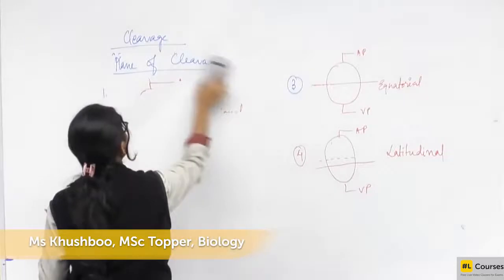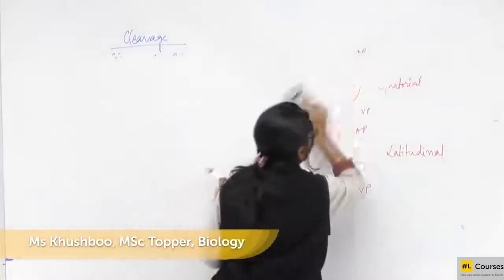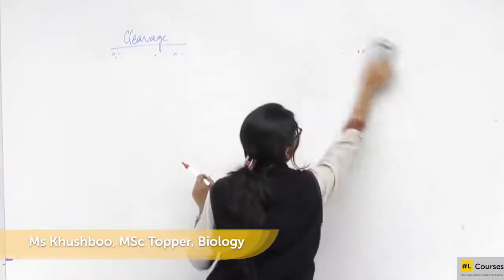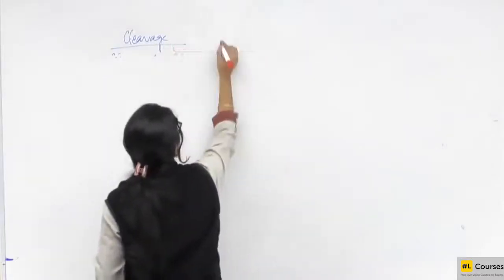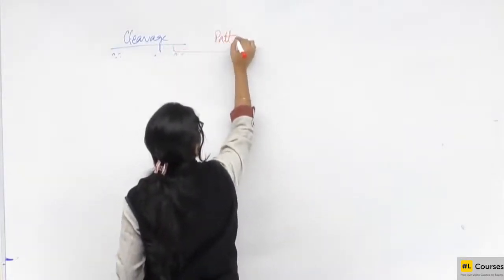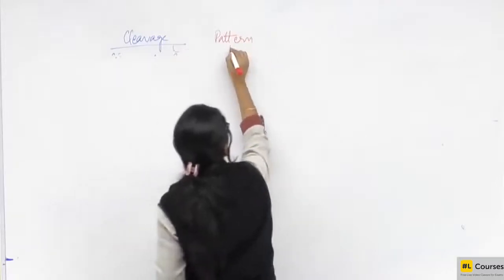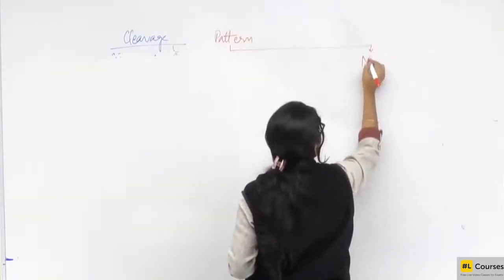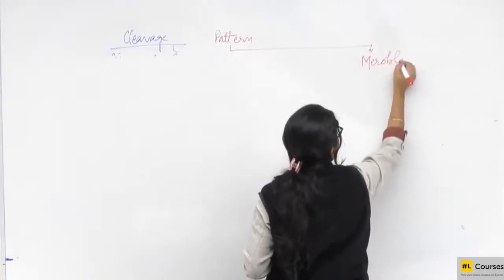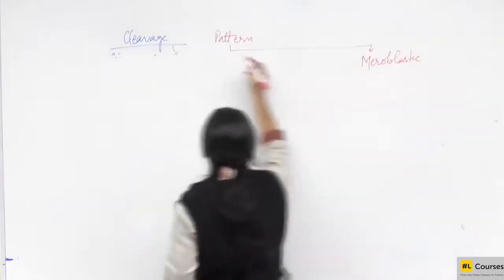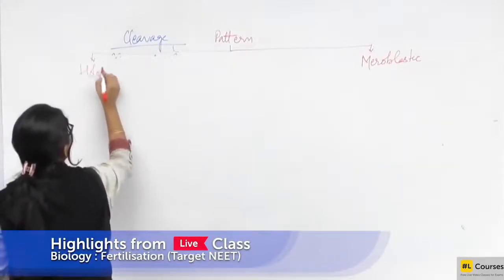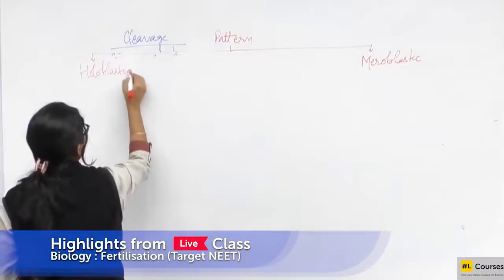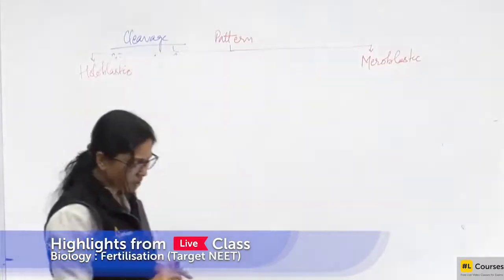Based on pattern of cleavage, we have two major types, that is holoblastic and meroblastic. Holoblastic and meroblastic.